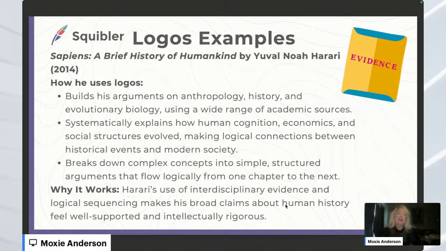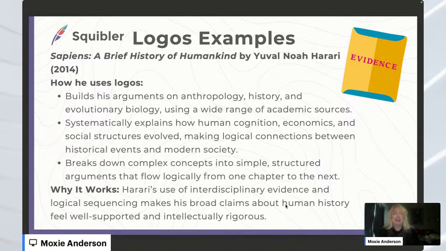So, some examples of where logos is done well. One is Yuval Harari's famous book, Sapiens, on the history of humankind. And he uses logos to build his arguments on anthropology, history, evolutionary biology, and he uses a wide range of academic sources. It's well researched. He systematically explains how human cognition and economics and social structures evolved and makes this logical connection between historical events and modern society.